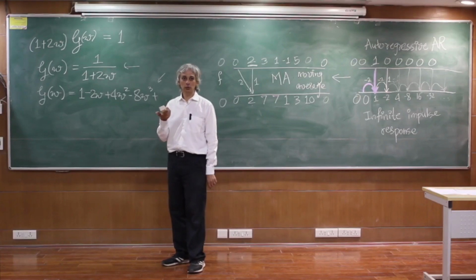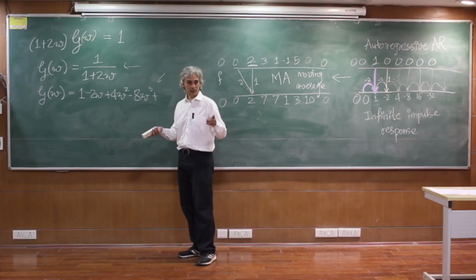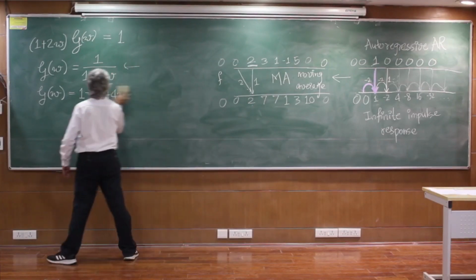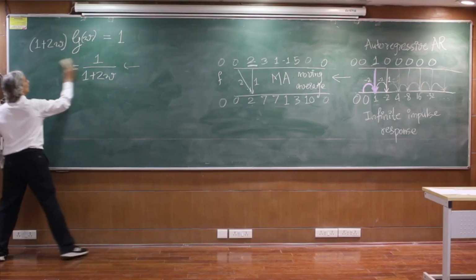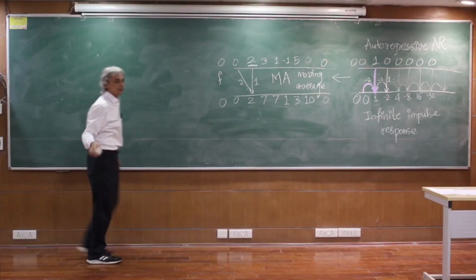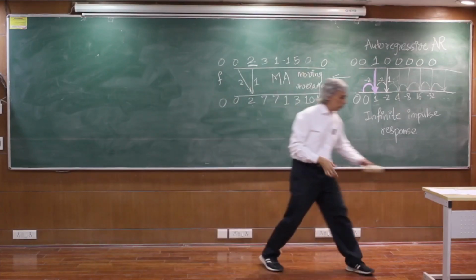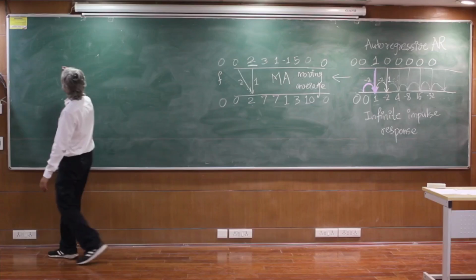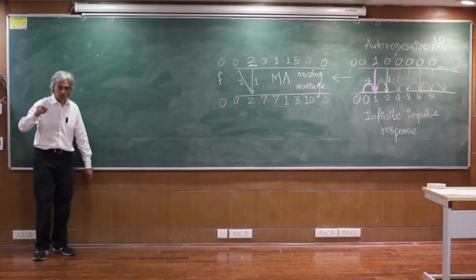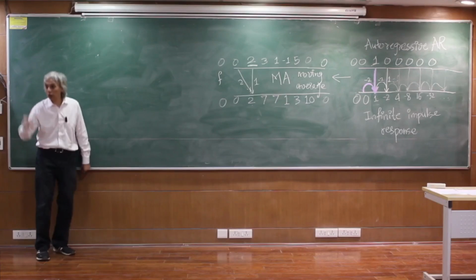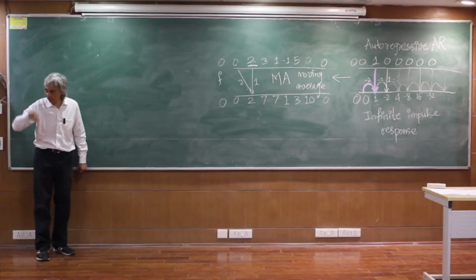Yes, you're correct. So the generalization is a filter which takes information from the present input, the past inputs and the past outputs to produce the present output.